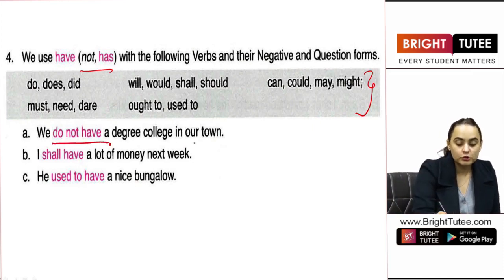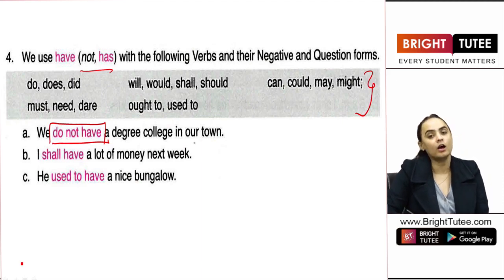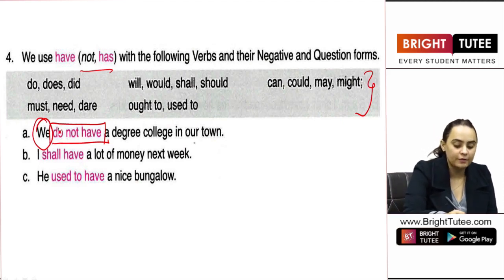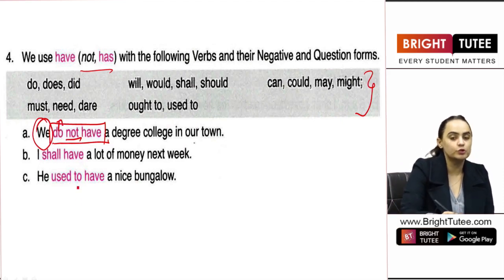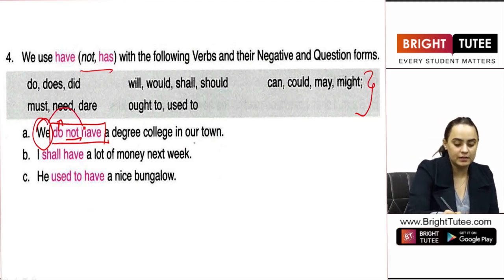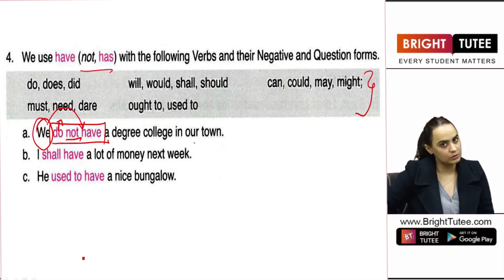We do not have a college in our town. Since my subject is plural, therefore I have used do not, and we know that with we use have. We is plural, so my verb is also plural in nature.